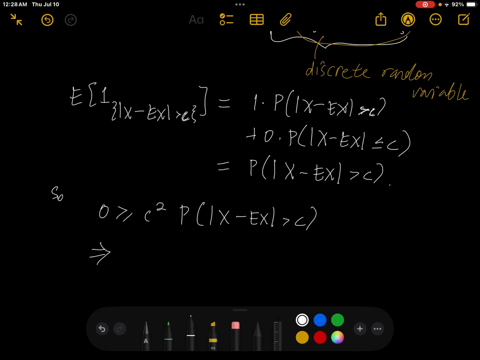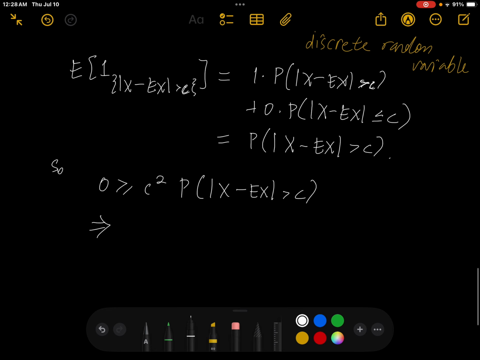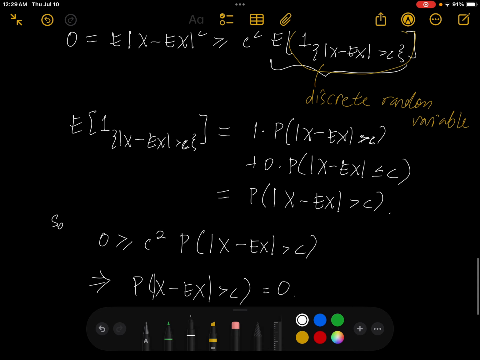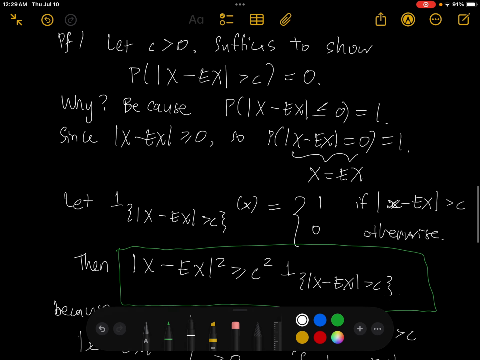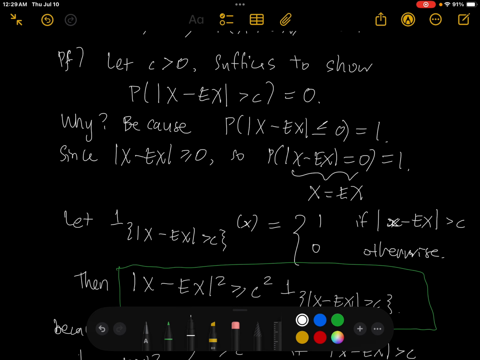We just know that it's not 0. So therefore, the probability that the absolute value of x minus ex is greater than c must be 0. And that's what we wanted to show, as we explained here. So that's the proof.